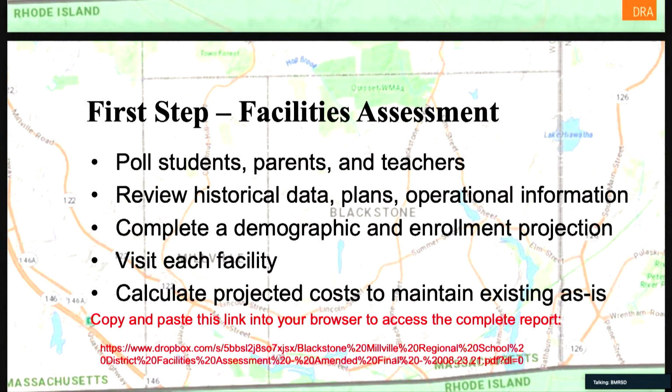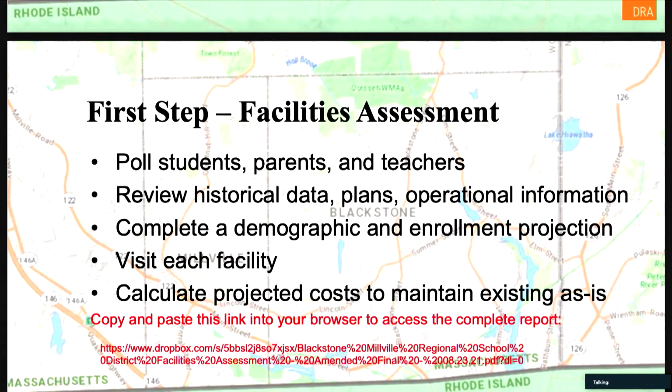So we did an online poll that went out to all the students, all the parents of students, and all the staff. And we asked them, I think it was about 12 or 14 questions. We also looked at historical data. We did a demographic enrollment projection, and we visited all the facilities.